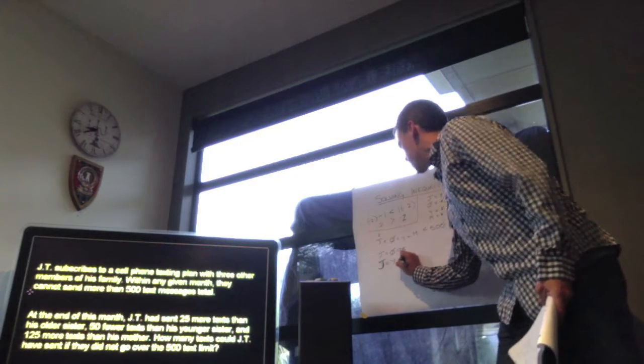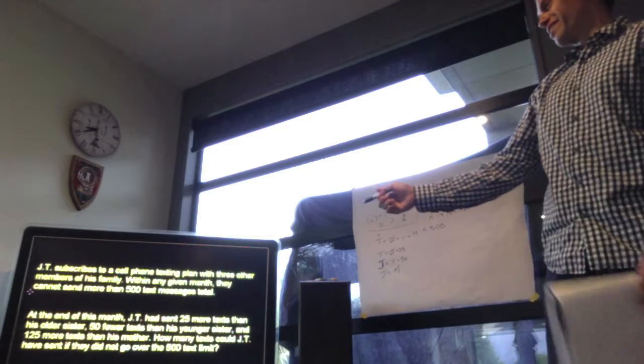So J is equal to Y minus 50 texts. Okay? Does everyone see that in the sentence here? 50 fewer texts than his younger sister. And then J is also equal to, in terms of the texts that Mom has sent, M, Mom, plus 125. Exactly.